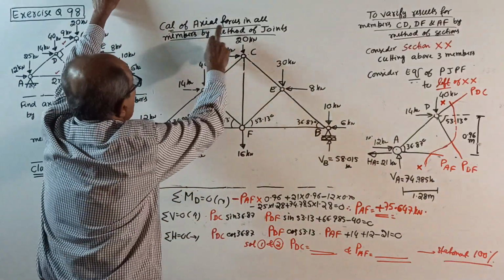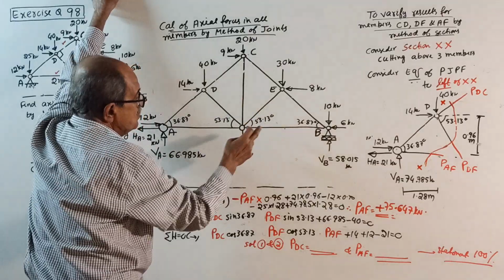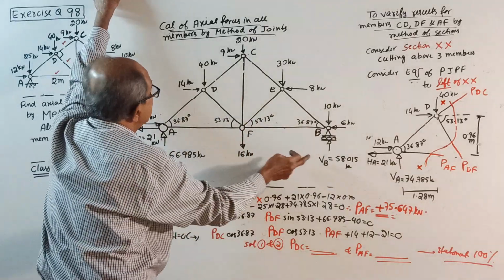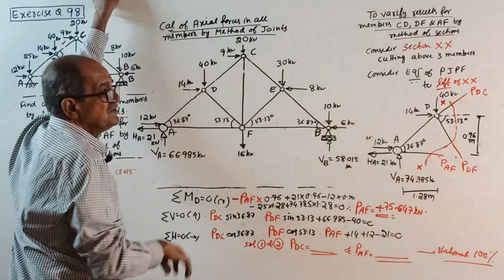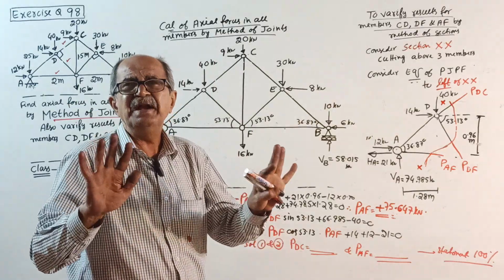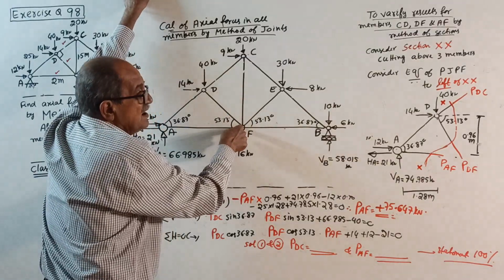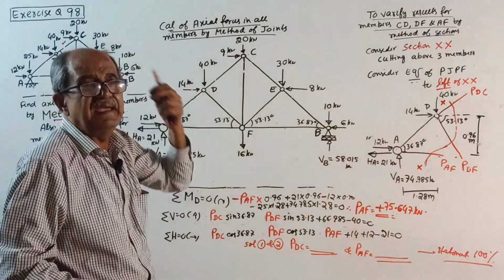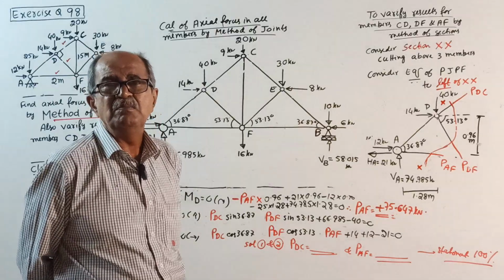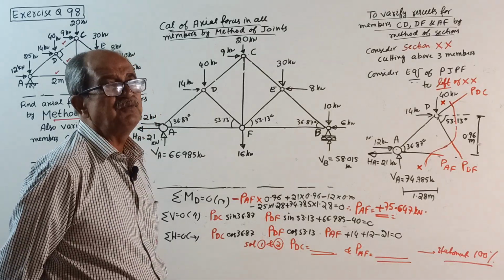I wrote the calculation of axial forces here. This sketch you can see slightly changed now. Then I entered the reaction and started method of joints. I started recording, but whatever I try, I am not getting balance here. I cannot make a mistake in equilibrium. Direction-wise, there is no confusion for me.